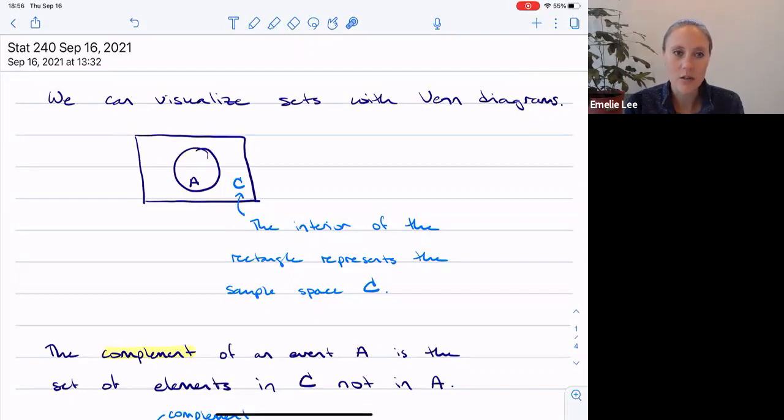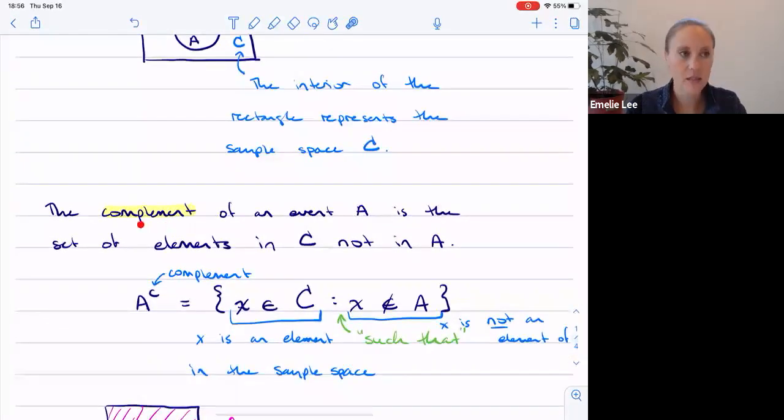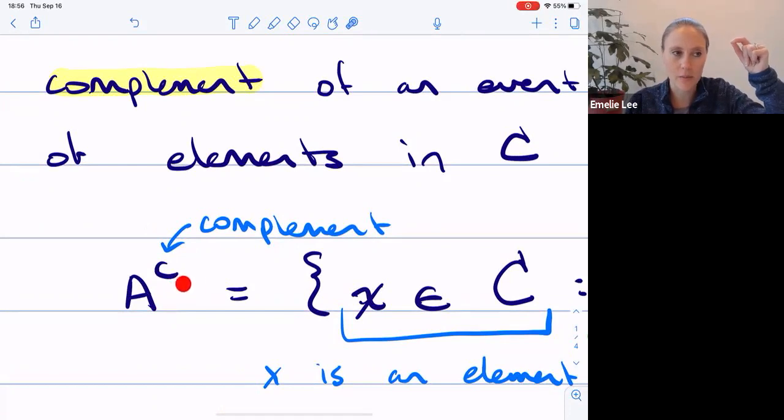And so we're going to use Venn diagrams to illustrate some of these basic terms that we need to have a good handle on. So the complement of an event A is basically the opposite of A, right? It's the set of elements in the sample space that are not in A. So it's the kind of not A, or the opposite of A. In terms of notation, you may or may not be familiar with A and then a superscript C for the complement.